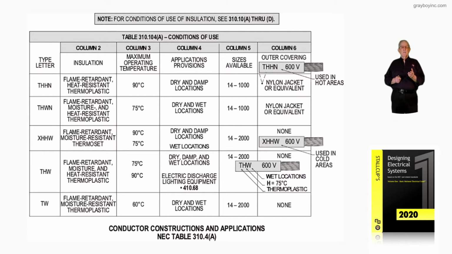It's good at 90 degrees C, dry and damp location, and used at 90 degrees C for correction or adjustment factors to terminate, say at 75 degrees C, as you see in the illustration, or 60 degrees C. It's very good 90 degrees C insulation to use with electrical discharge lighting, as we find these rules and requirements in 410.68. We list that so you can see that.